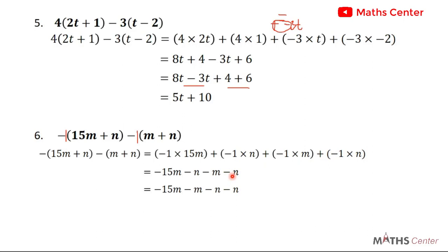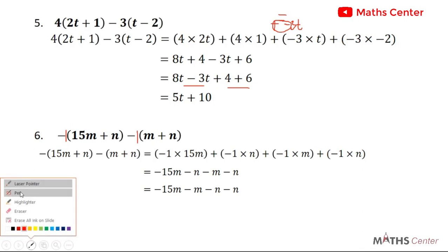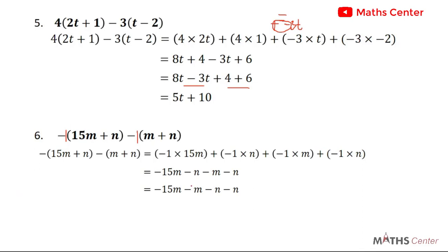From here, we group like terms. So in grouping like terms, we are going to have the m's at one side and the n's at one side. If you group the m's, you are going to get minus 15m minus m minus n minus n. So all these variables with no coefficients attached to them, what it means is that they all have 1 in front of them.